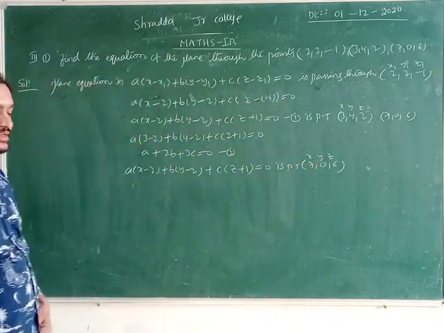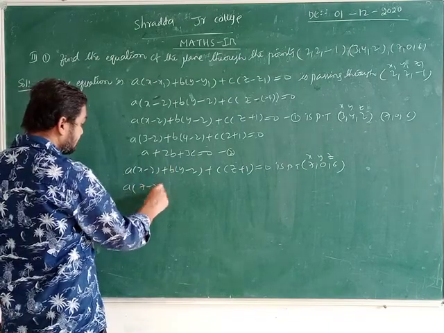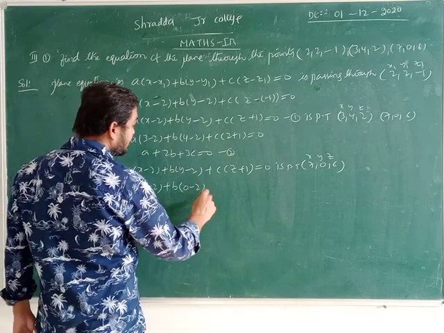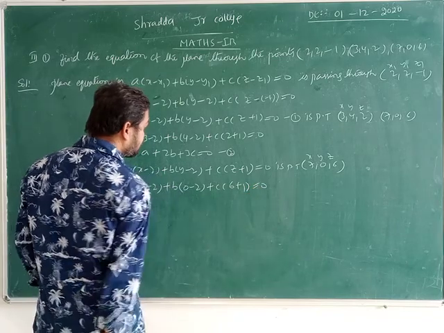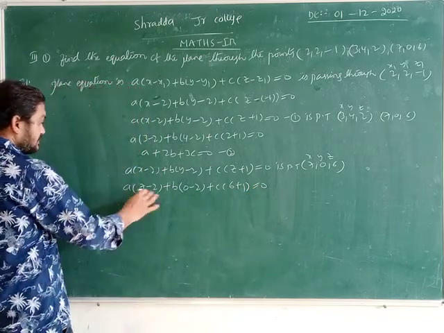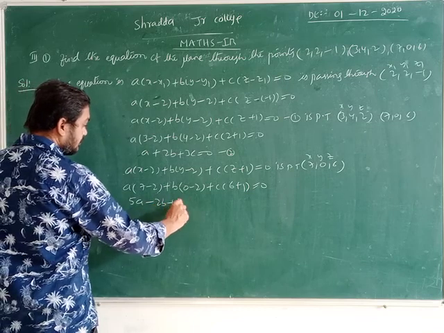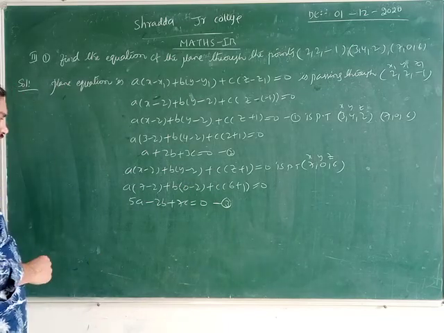See now what we are getting? Now A into x means what, that is 7. 7 minus 2 plus b into y means 0 minus 2 plus c into z plus 1 means 6 plus 1 equals to 0. 7 minus 2 means what, that is 5a minus 2b plus 7c equals 0. Okay, this is equation number 3.